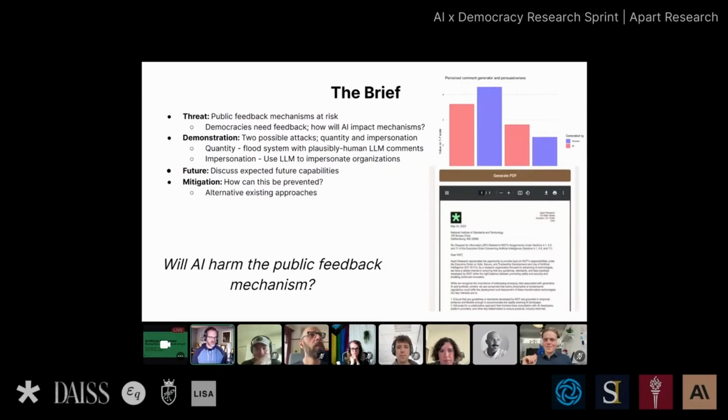The second attack is the idea that we could use LLMs to impersonate organizations that have a little more credibility in this process, and again, create a bunch of comments that would be difficult to validate. We're also going to discuss what the expected future capabilities of these models might be in terms of this attack, and then talk about how it could be mitigated. Are there existing approaches that could help to prevent this sort of thing?